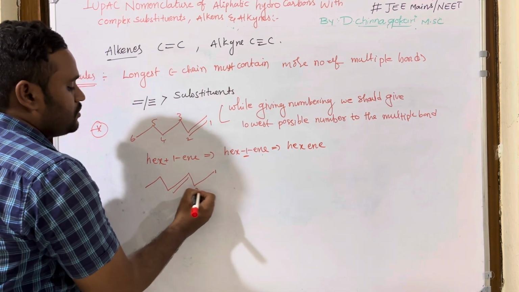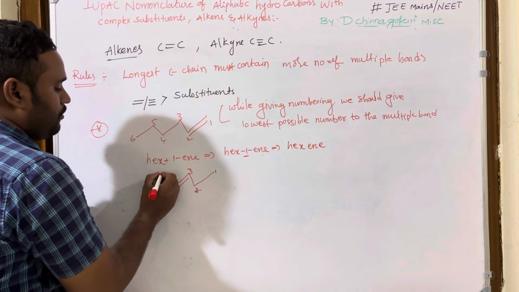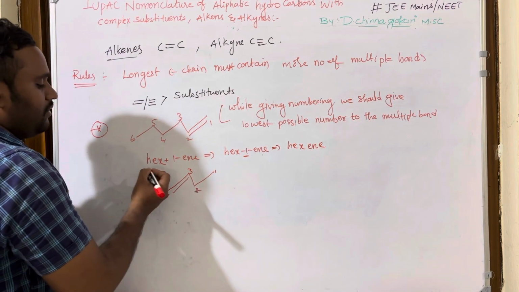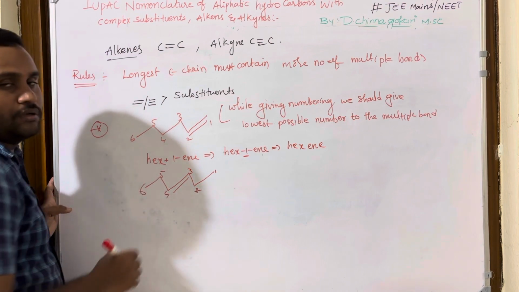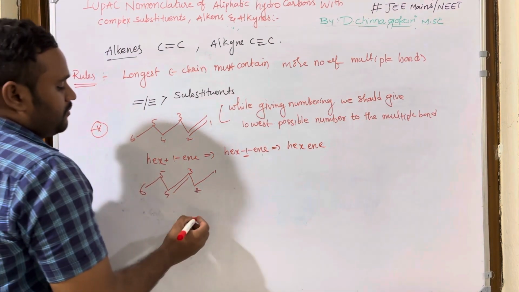If you start from one end you get 1 2 3 4 5 6, and in the opposite direction you also get the same 1 2 3. No problem.